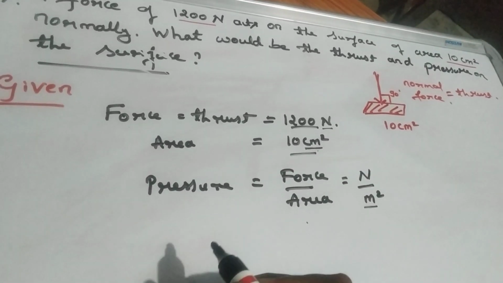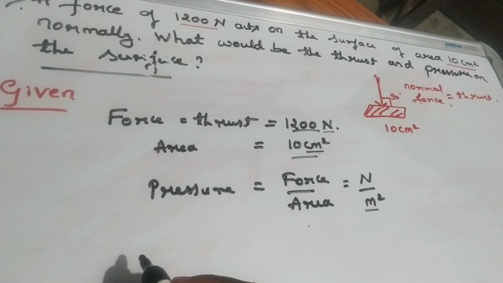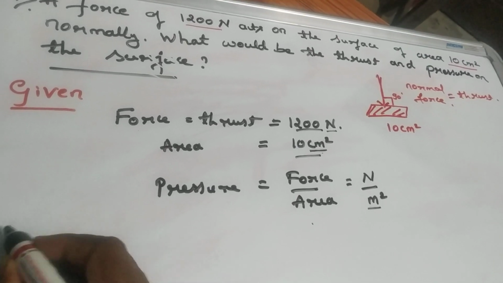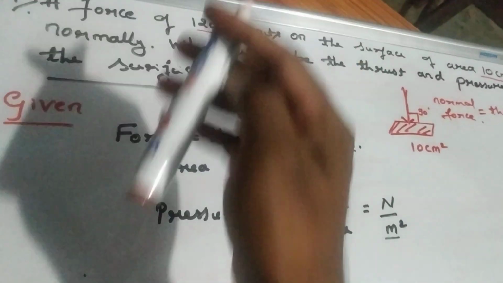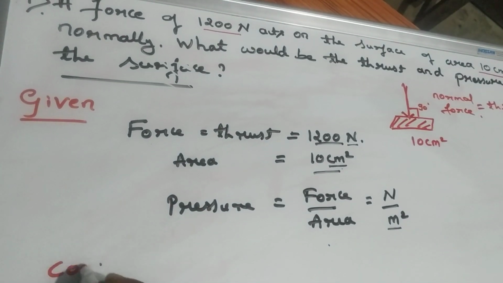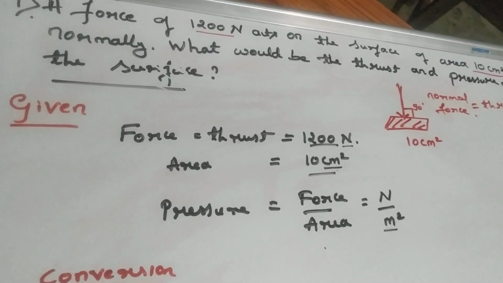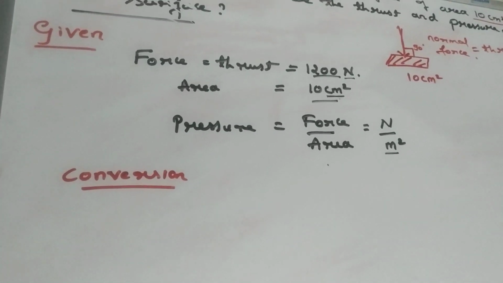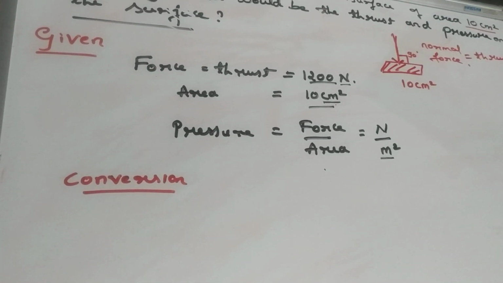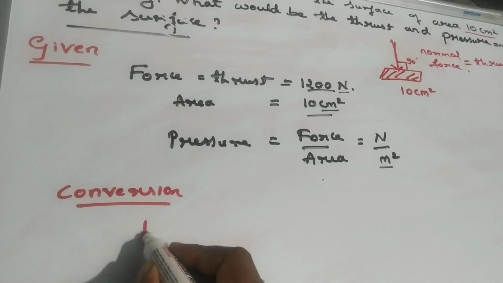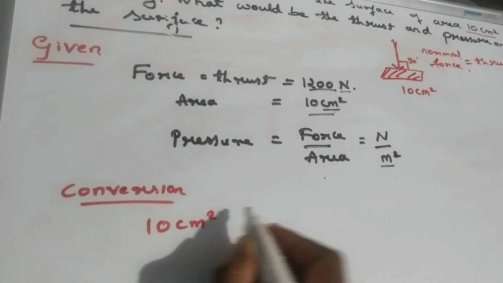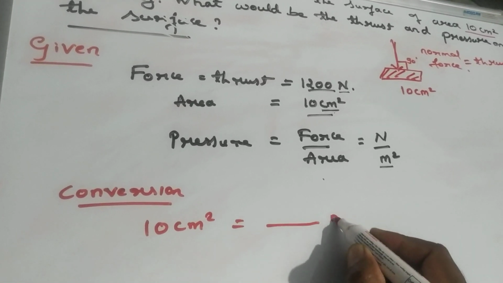So now I am going for conversions. That's why I made a video on how to convert things, because conversion is very important in physics. How do we convert 10 centimeter square into meter square?